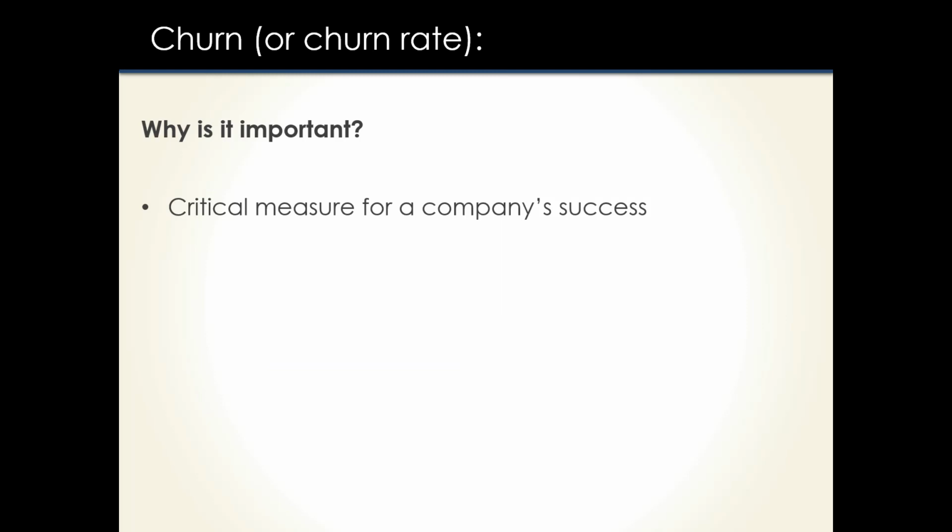Why is this important? Well, it's a critical measure for a company's success and for seeing exactly where it's going. A lot of companies use analytics and statistics to decide what direction they should take. In today's world, this is not going to go away.